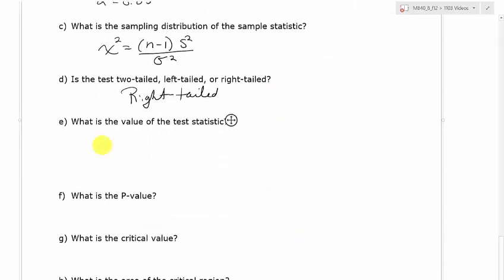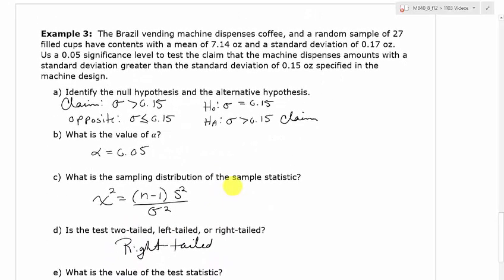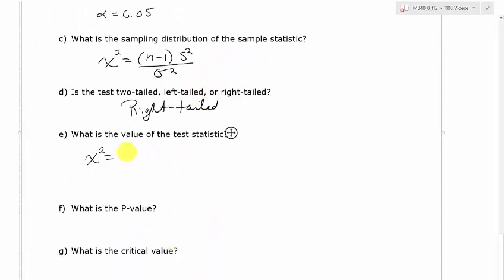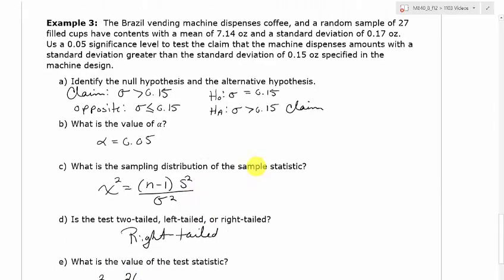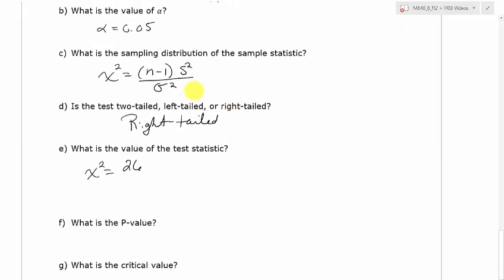The value of the test statistic, so now I want to plug our information in. We had 27 was our sample size, so 26 is n minus 1. And then our standard deviation is 0.17.